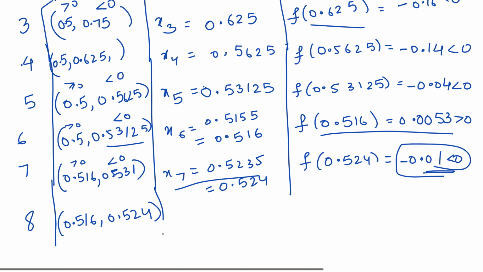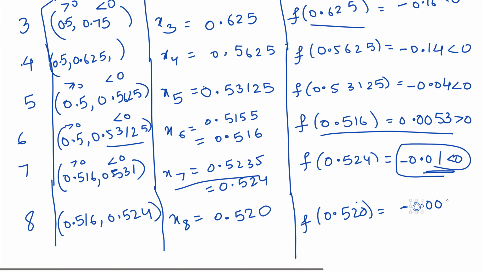So now our root lies between 0.516 and 0.524. So 0.516 plus 0.524 divided by 2 is 0.520. Okay, now f of 0.520 is minus 0.006, which is less than 0.